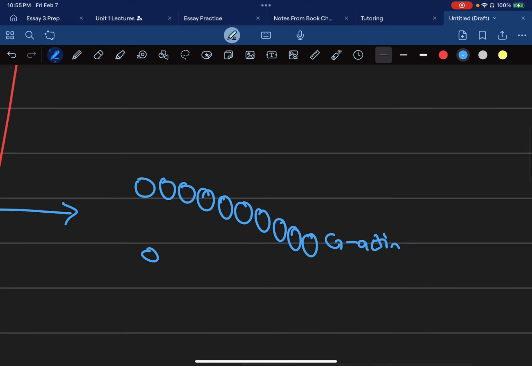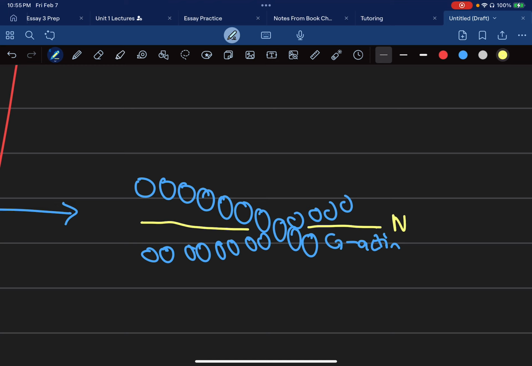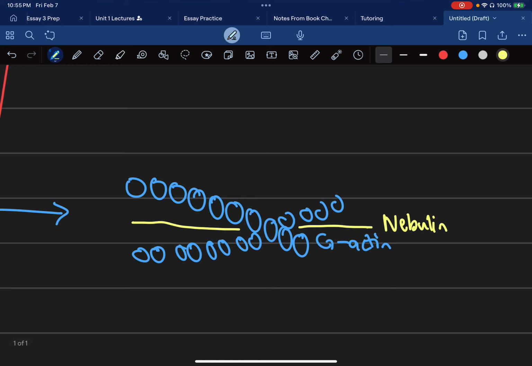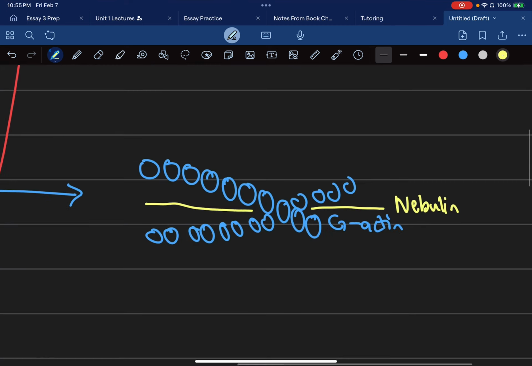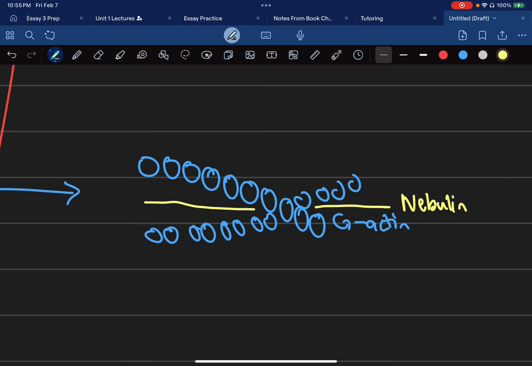These G actin proteins are going to go in a helical shape around another protein we call nebulin. The nebulin is going to be connected to this actin through titin, and that's what's going to be able to reset the muscle fibers after a contraction.